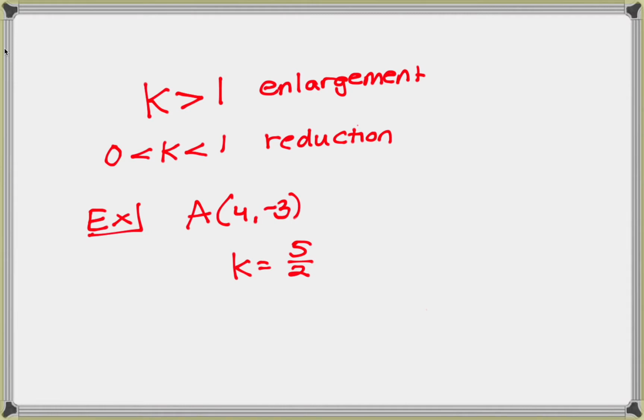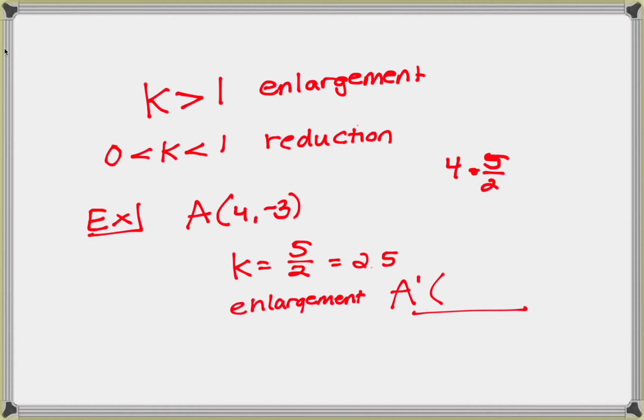That's greater than 1, right? Because isn't that the same as 2.5? So that's definitely going to be an enlargement. What would my A turn into? Well, 4 times 5/2. Remember, we can reduce on the diagonals. 2 goes to a 1, 4 goes to a 2. So that'd be equal to 10.